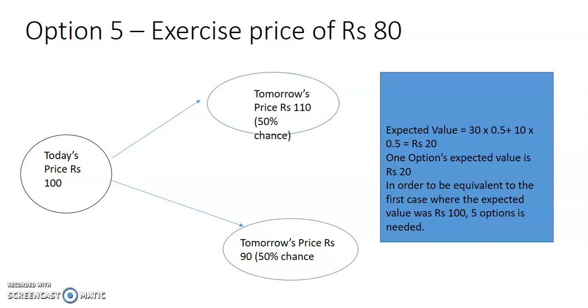The expected return on the option is 20 rupees, which is 30 into 0.5 plus 10 into 0.5. So 15 plus 5 is rupees 20. One option's expected value is rupees 20. So 5 options will make it equivalent to an expected value of rupees 100.